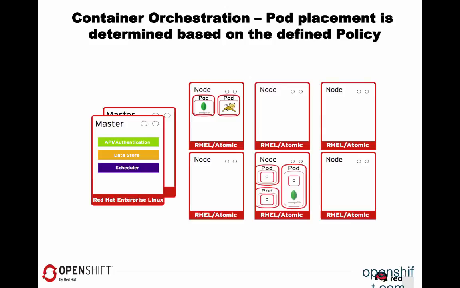You can have the pod placement policies based on affinity and anti-affinity rules based on which these pods are distributed across the cluster. So if you're running multiple instances of your application component, that means if you are running multiple pods for the same application, those pods get distributed across the nodes so that all eggs are not in the same basket, right? That part is taken care of by the Kubernetes or OpenShift orchestrator, which is part of the master's scheduler.